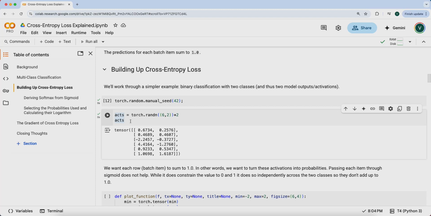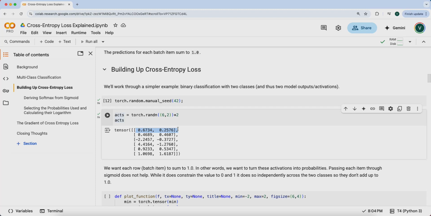Now these activations are not yet probabilities. They're just some numbers, right? So we have 4.4, 0.5, negative 0.3, and so on. As we build up this cross-entropy loss function, we're going to convert these values into probabilities where for each batch item, the probabilities add up to 1.0.